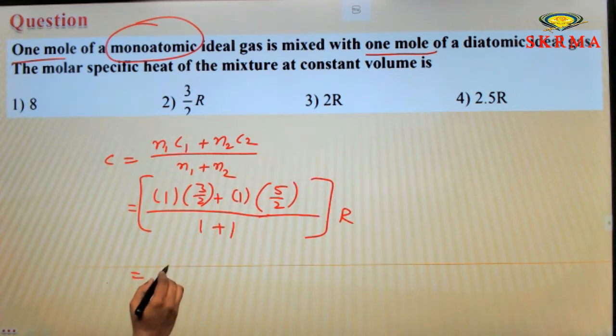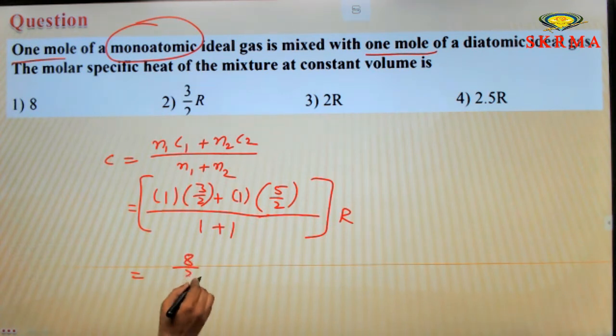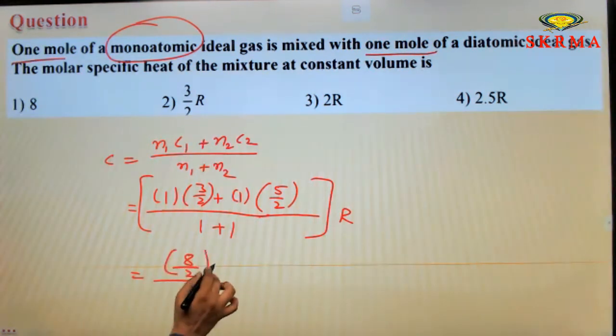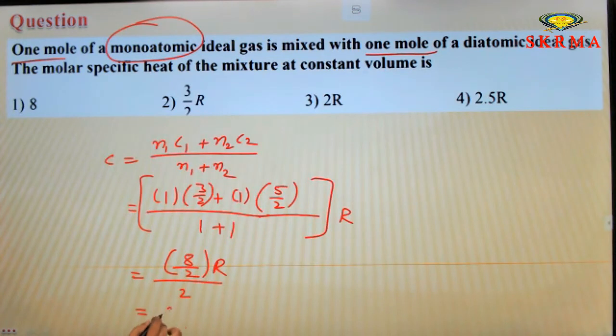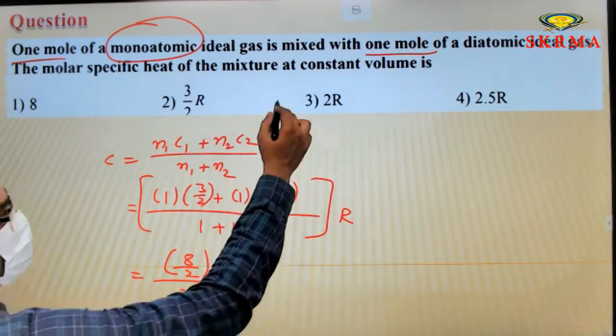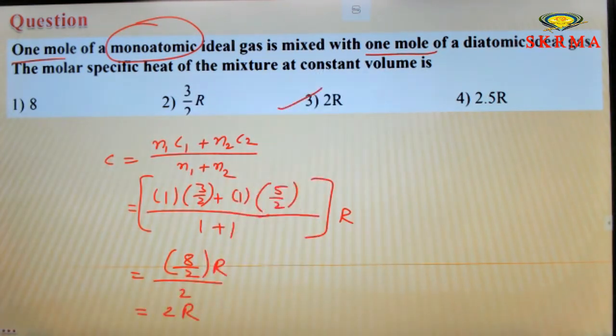So how much is it? 3 by 2 plus 5 by 2 is 8 by 2, then by 2 into R, so 2R.